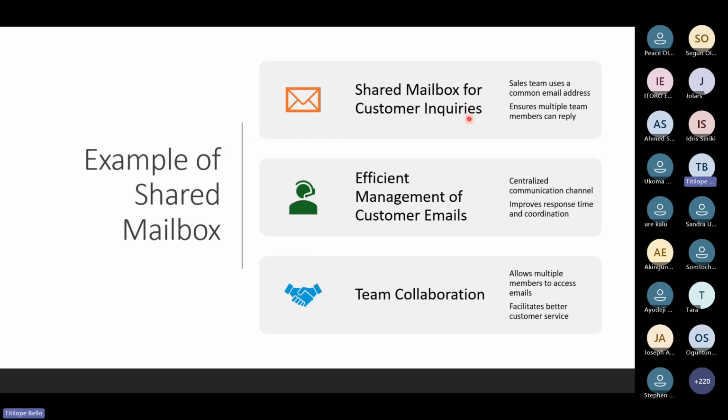You can have things like inquiry@company.com, or like we said again, info@company.com. When anything has to do with inquiry, you need the sales team to always have access to it, in case it's somebody requesting a product that you sell within your organization. So the sales team can get access to it, attend to that particular inquiry, and get back to the person who is making the inquiry.